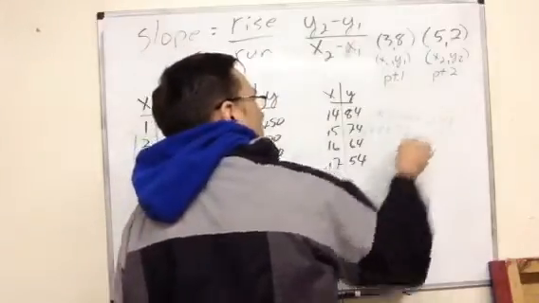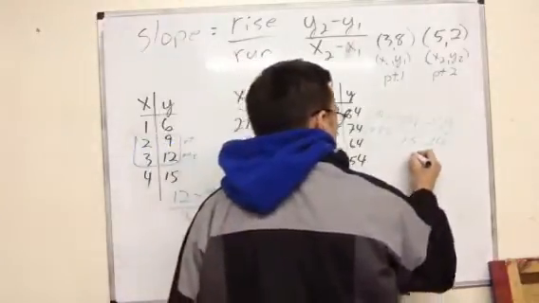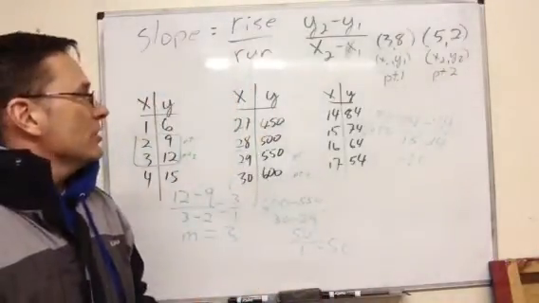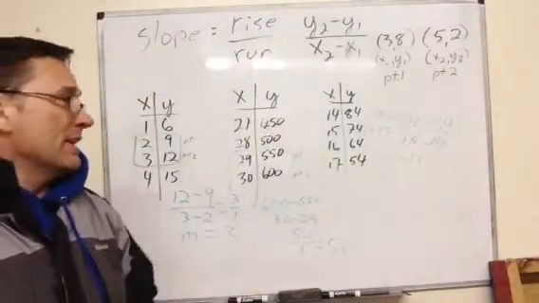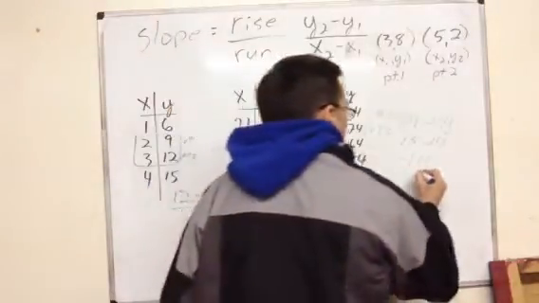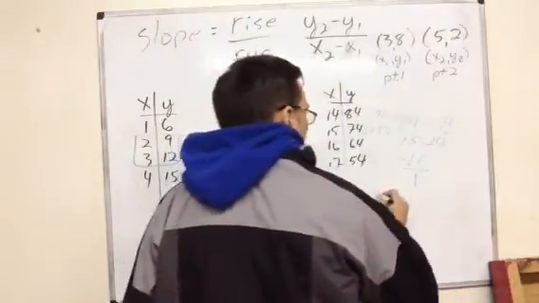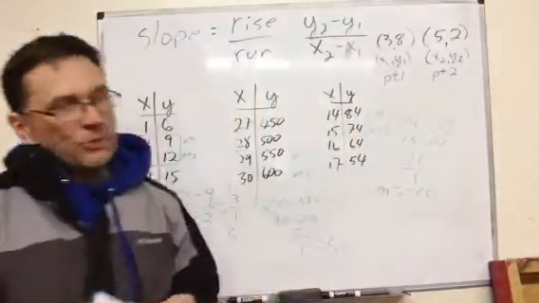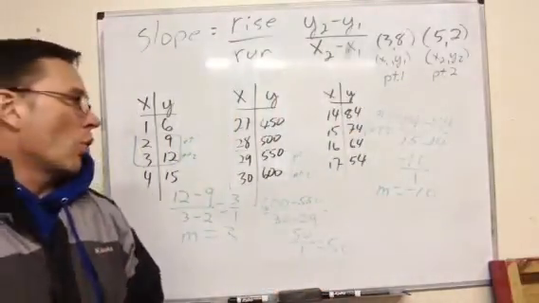Now remember, 74 minus 84 is a negative 10. Negative numbers matter here. We need to make sure we account for them. We can have a negative change. 15 minus 14 is 1. So our slope here is negative 10. So remember, our slope can be a positive number or a negative number.